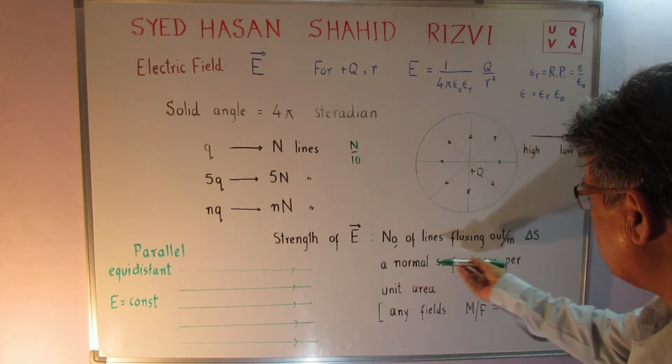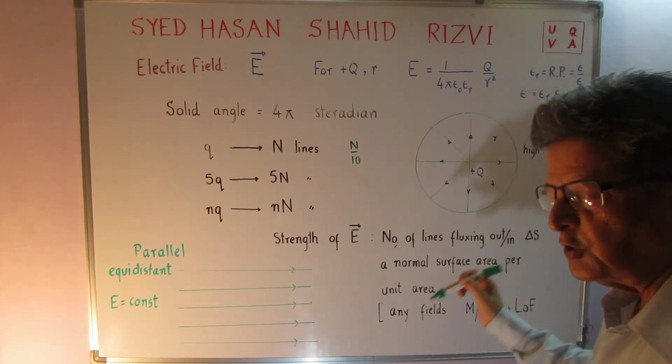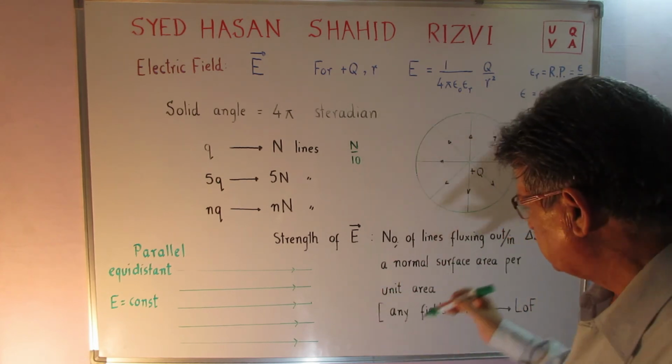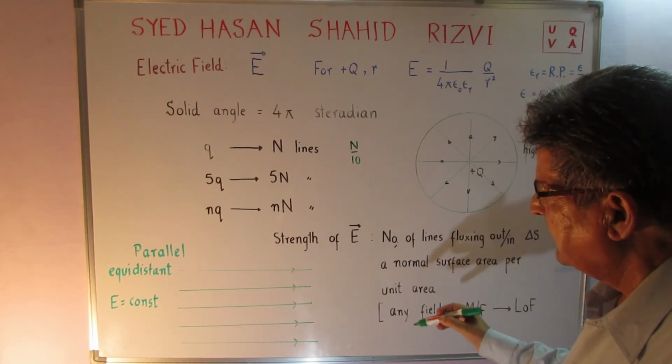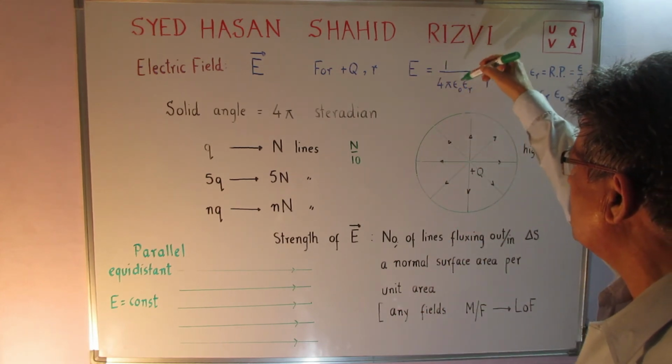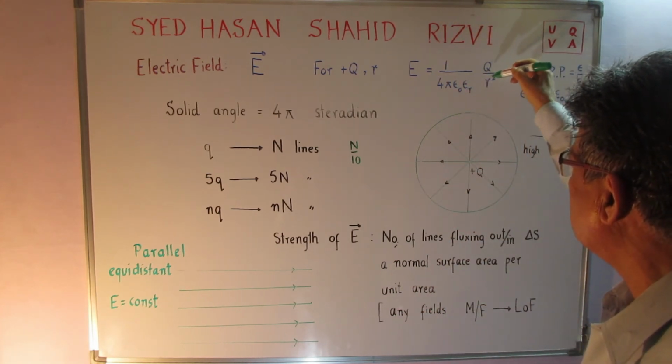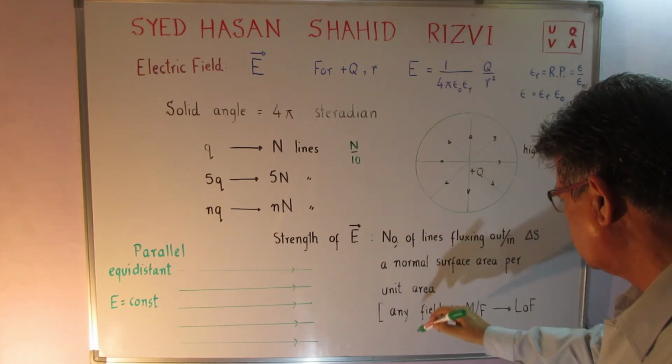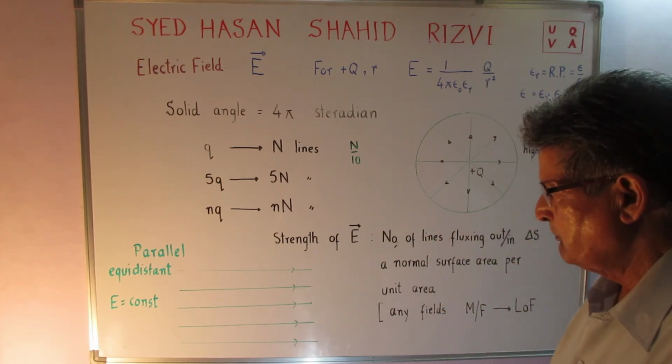So a small surface area, per unit area. That way we can define the strength of the electric field, which we have defined here as E equal to 1 upon 4 pi epsilon naught, capital Q upon R square, that can also be defined this way. Okay.